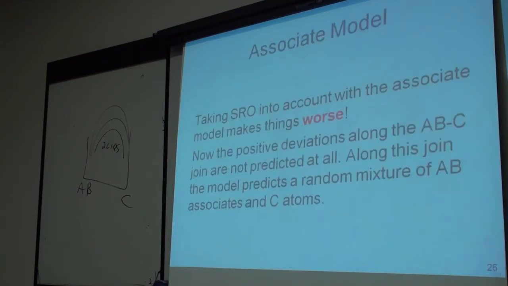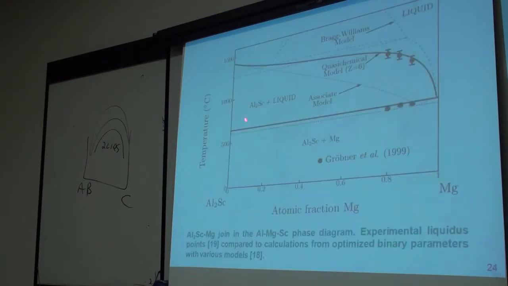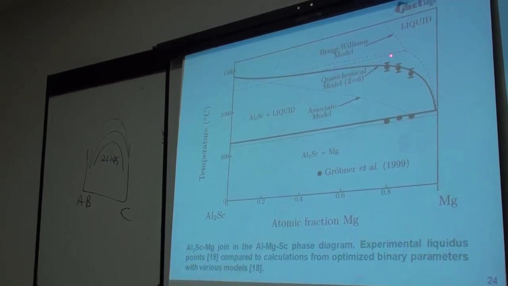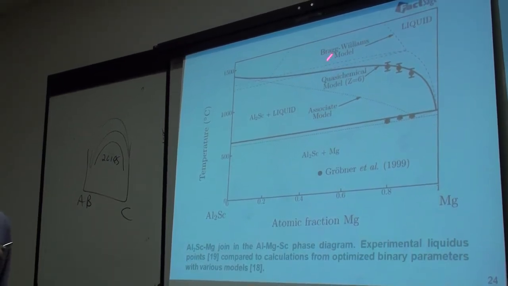The Bragg-Williams gives you a very high, too big a positive deviation. The quasi-chemical model with Z is 6 gives you the right answer. If I took the half and half Bragg-Williams quasi-chemical, I would probably get a miscibility gap, but it would be smaller and smaller as I change the Bragg-Williams quasi-chemical ratio. So the bigger the Bragg-Williams term, the bigger is your miscibility gap.